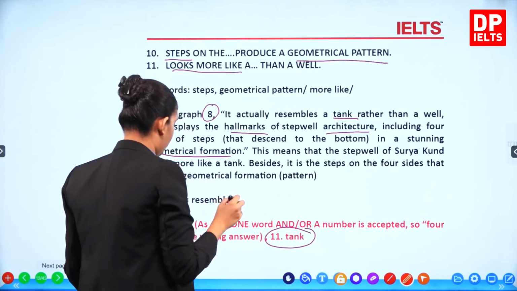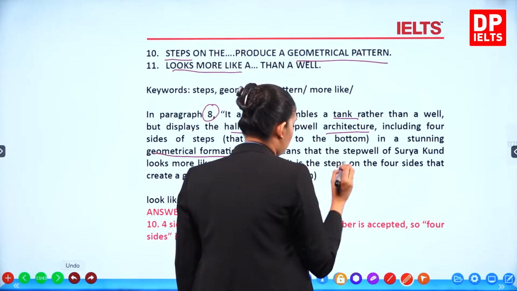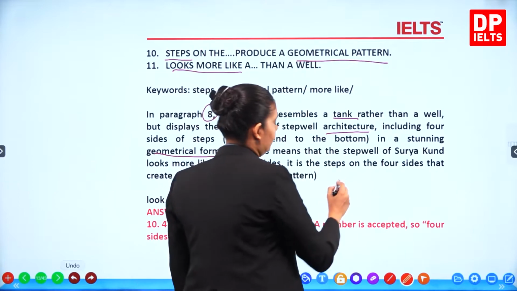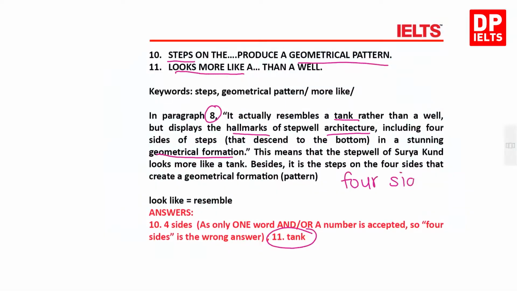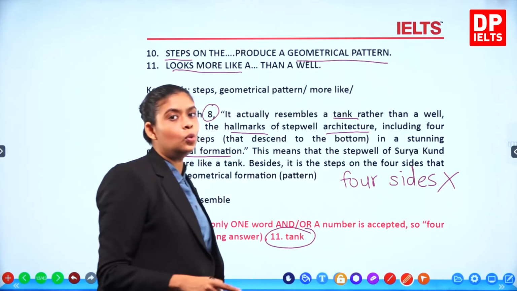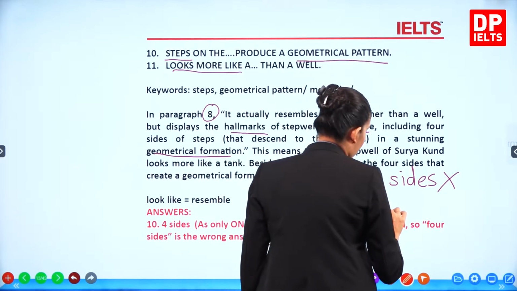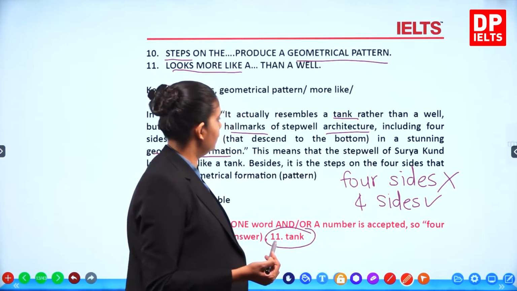Now, if you write 4 sides like this, with two words, it's wrong. But if we write 4 sides like this, it's correct because it's got a word and a number.